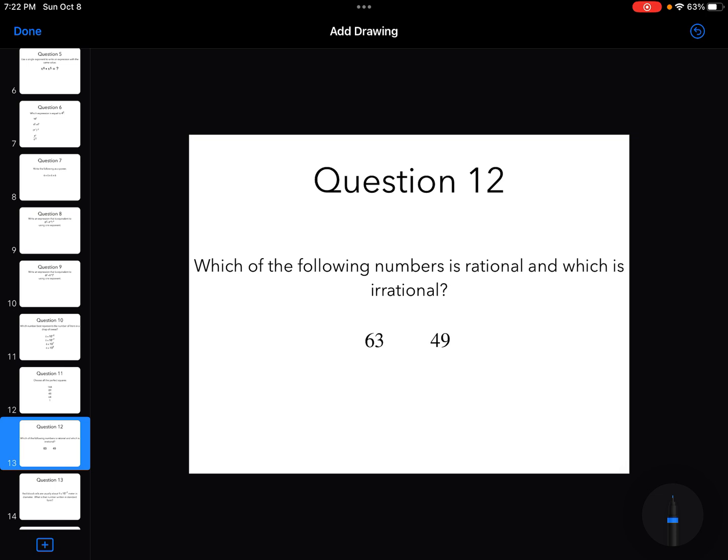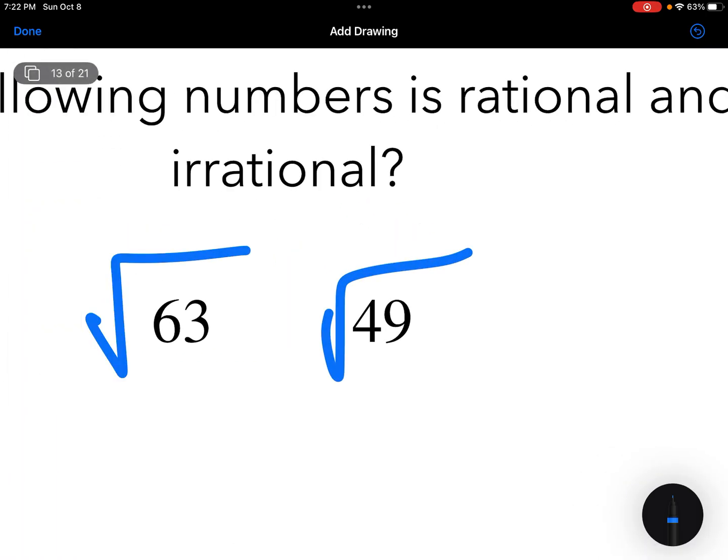All right, which of the following numbers is rational and which one is irrational? Something's telling me that my square roots might not have come across. Yep, they didn't come across. So these are square root symbols. I have to have a perfect square in my square root symbol to be rational.